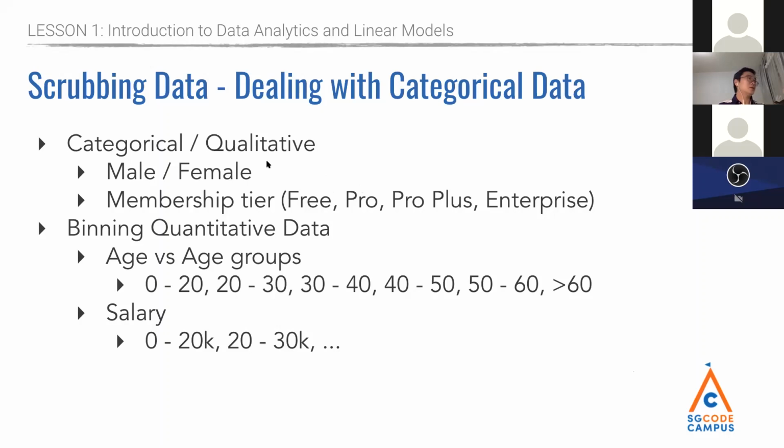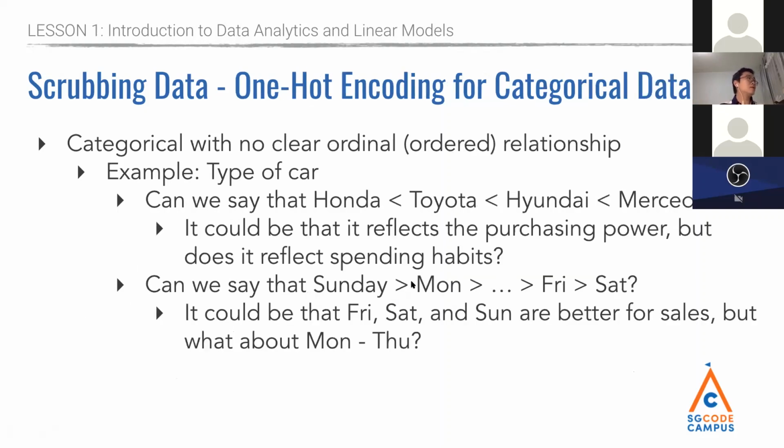So when we have categorical data, like male, female, or membership tiers such as Pro, Pro Plus, and Enterprise, or age groups or salary groups, how can we convert them into numbers? There is a way called one-hot encoding.